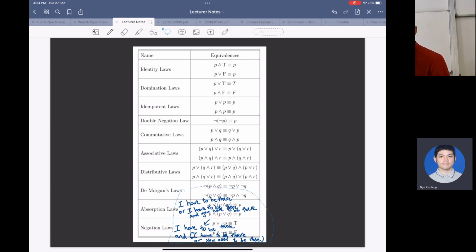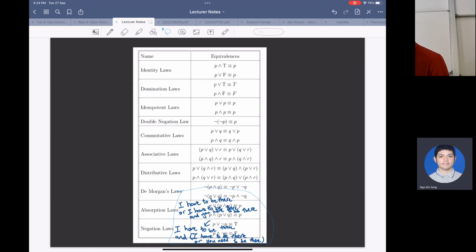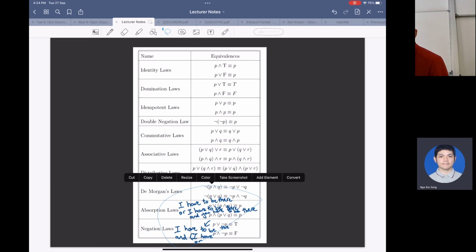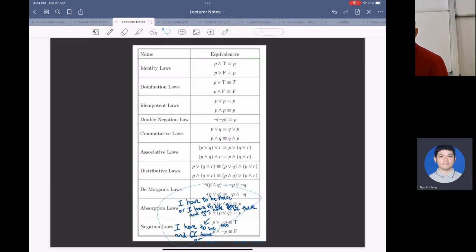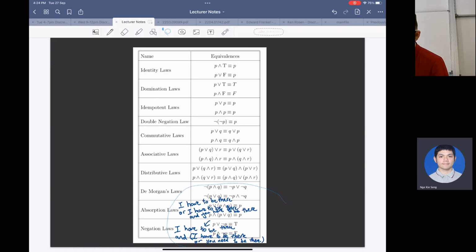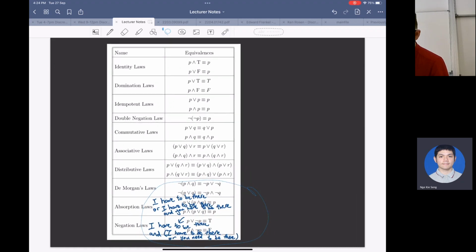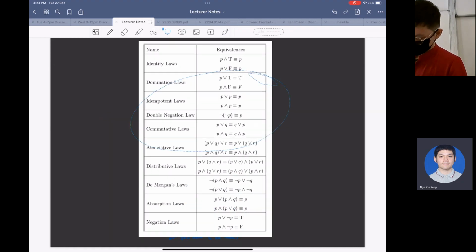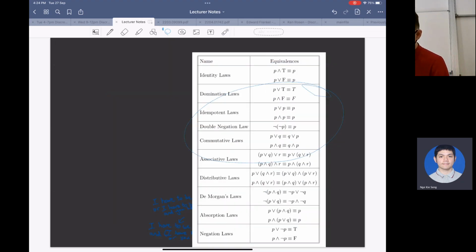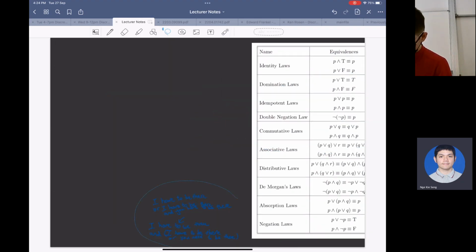Next, let's see this. We have a lot of laws here. Let me move things away. Okay, there are a lot of laws here.